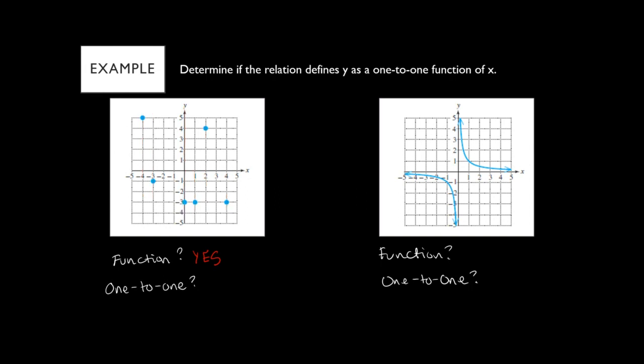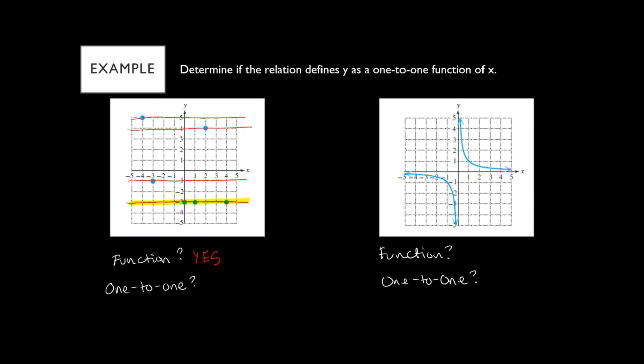So you're going to draw a horizontal line through each of these points and make sure you only hit 1 point. And then this is where, not a very good horizontal line, this is where we run into a problem, and I'm going to highlight it right here, because that horizontal line hit 3 different ordered pairs, 3 different points.